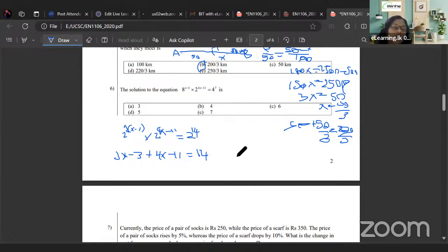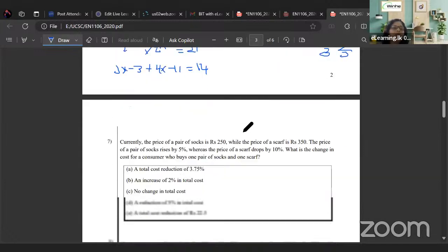Minus 14 plus 14, 28. If you divide 28 by 7, then what is the answer? Answer will be 4. If you solve this further, you can get the answer as 4. Right? You can simplify from there. Right. If you move on to question number 7.